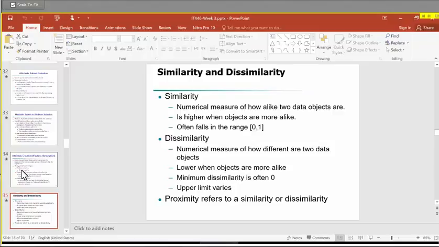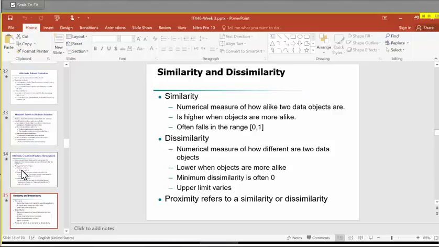One of these objective measures could be the similarity measure: how similar one object from one class is to an object from another class, or how similar two objects of the same class are. So there we need to define some similarity measure. It is a numerical measure of how alike two data objects are.